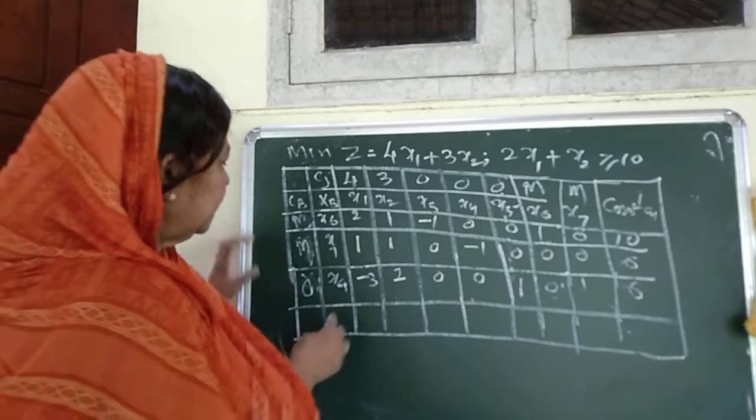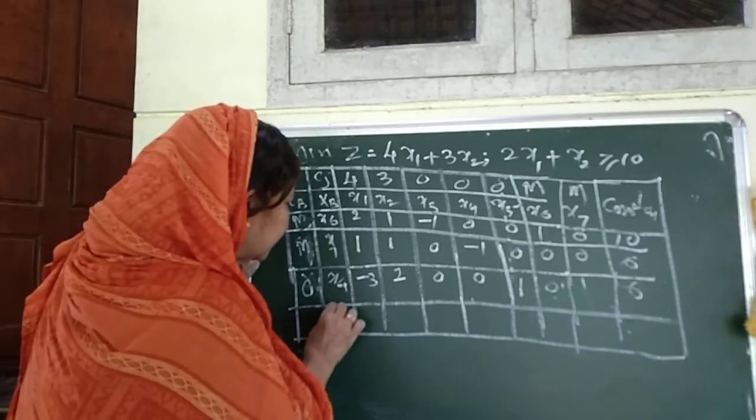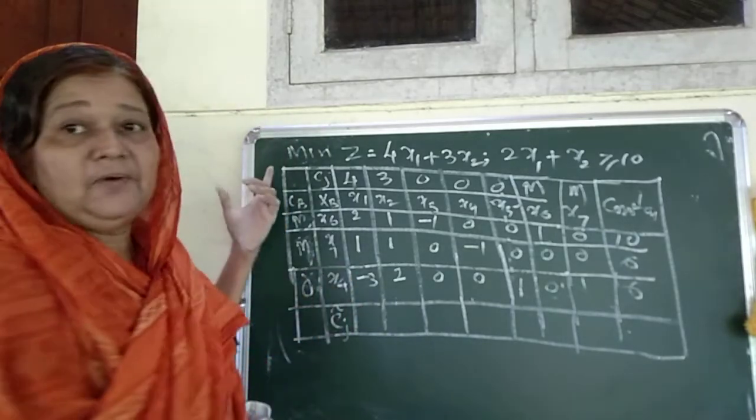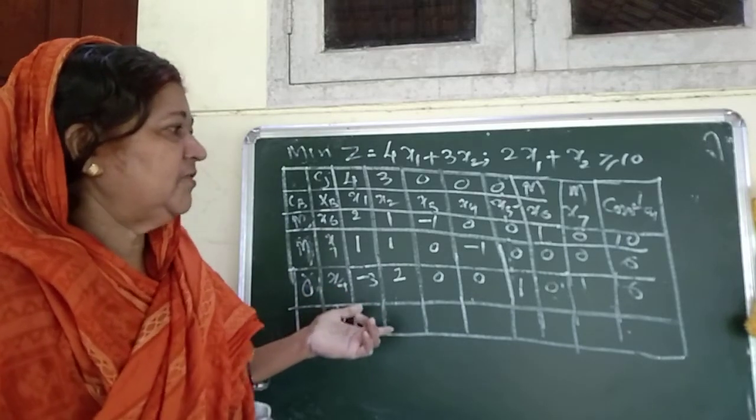Then we have to find the profit value Cj bar. For the table 1, we have to find the profit value.